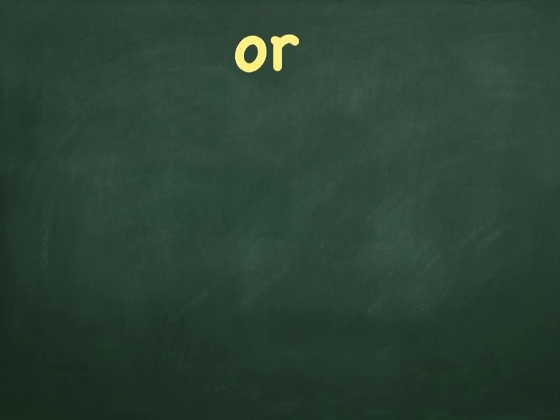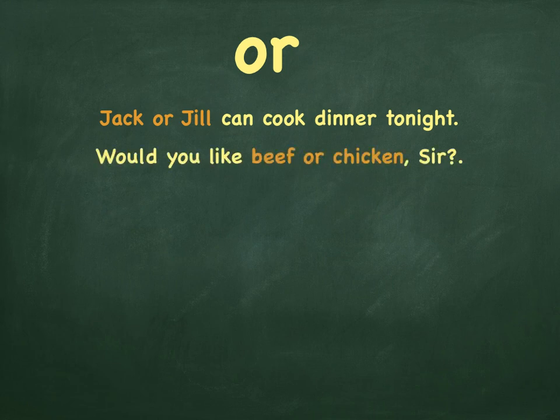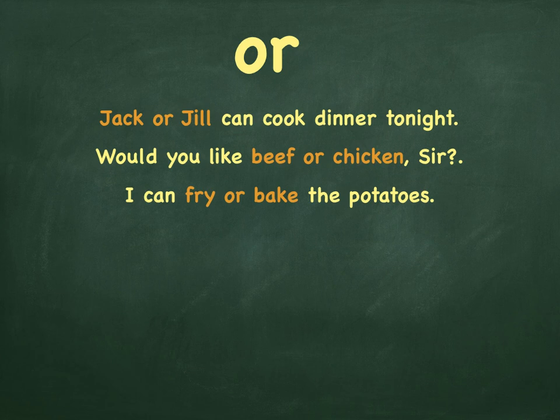Okay, now let's focus on or. Or can also join nouns in a subject or nouns in an object. And or can also be used to choose between two verbs.